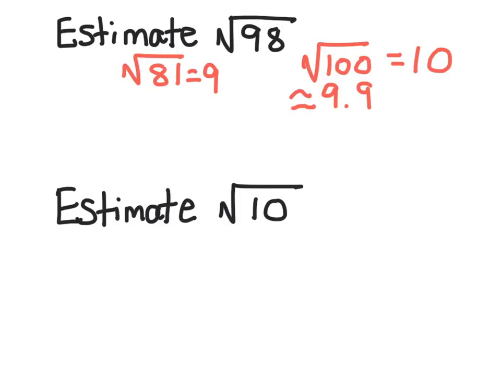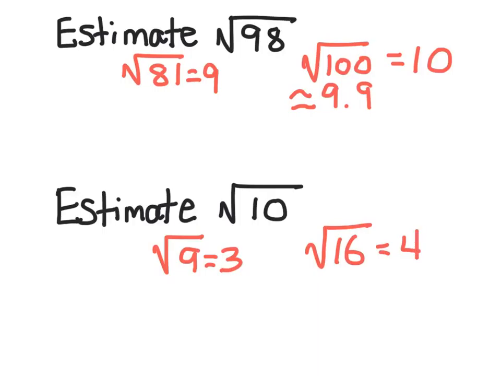All right, now try the next one, square root of 10. What are the two closest perfect squares? Okay, well, square root of 9 is very close. Square root of 9 equals 3. And then the next one would be square root of 16, which equals 4.